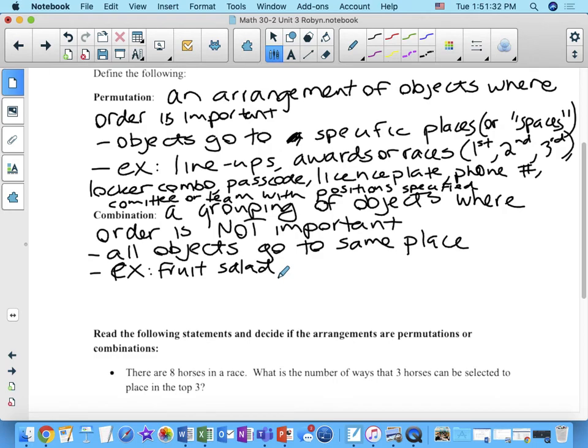All right, what are some other examples of combinations? Combination examples. Well, I don't know. Like, this is another ice cream thing.